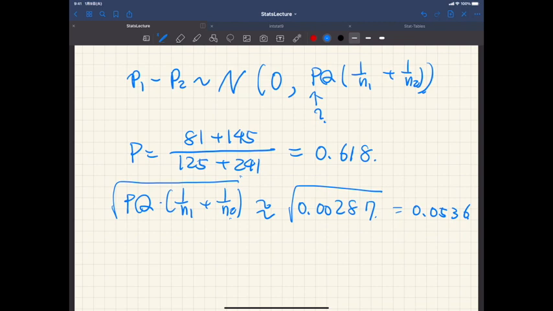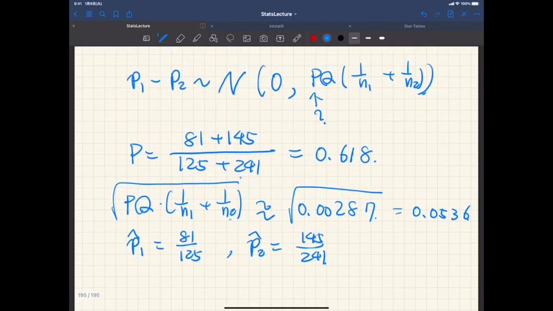From the table, p1 can be estimated as 81 over 125, and p2 can be estimated as 145 over 241.